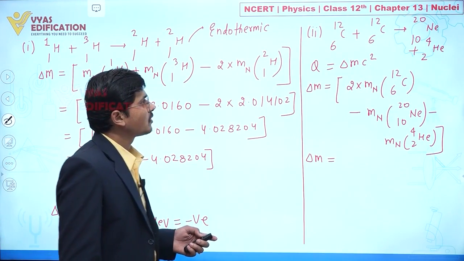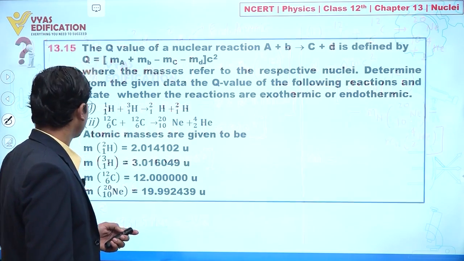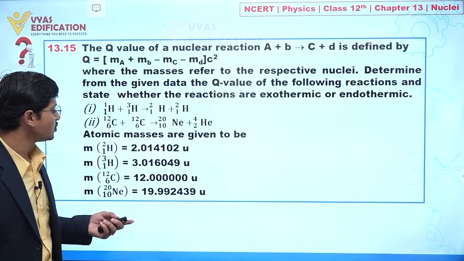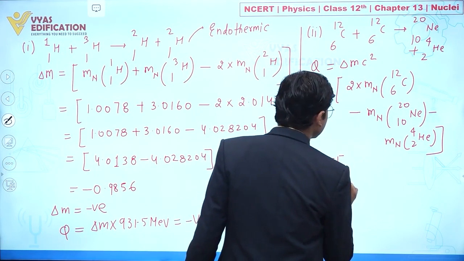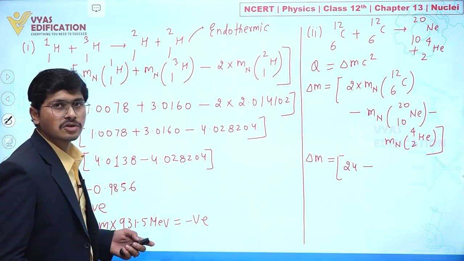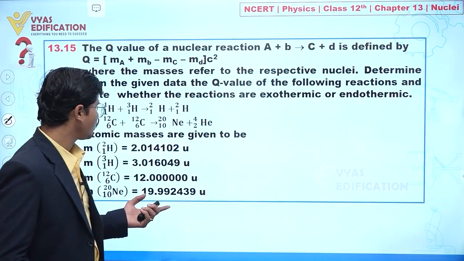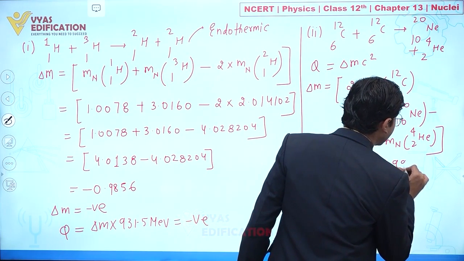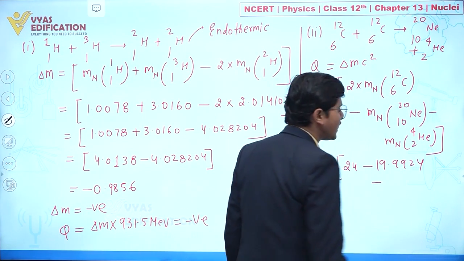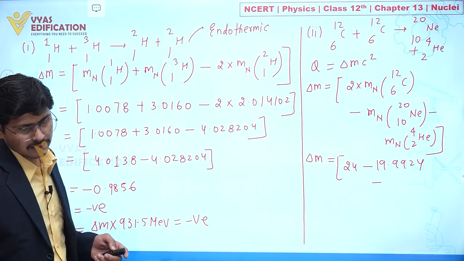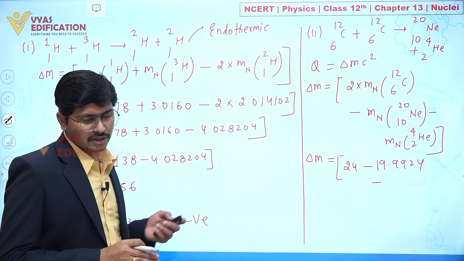So now 6C12. Clear? 6C12. What is this value? That is 12.000. So directly you can say this is equal to 24 minus. Now what is the mass of nuclei of neon? This is equal to 19.9924, and that is minus. What about helium? What is the mass that you are having?